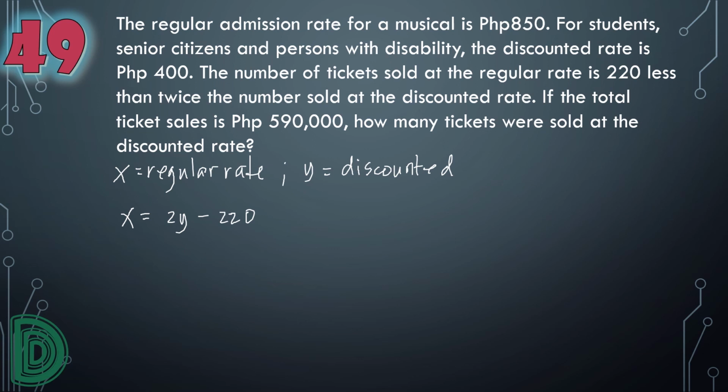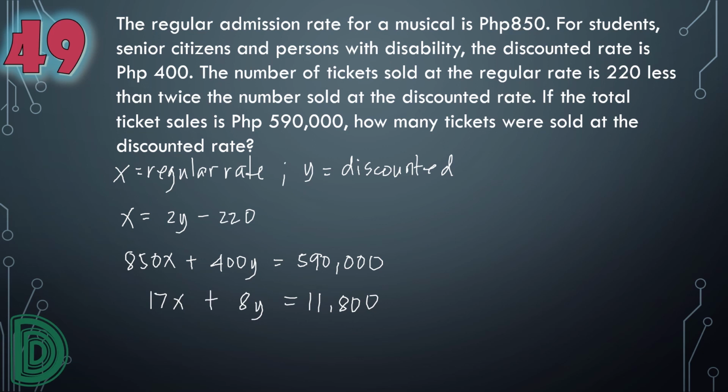Also, the total ticket sales is 590,000 and the regular rate is 850 pesos. Therefore, we will have 850x plus 400y equal to 590,000 pesos. We divide all terms by 50. We will have 17x plus 8y is equal to 11,800.